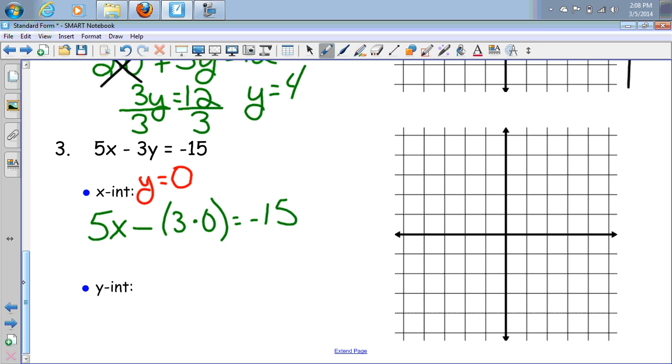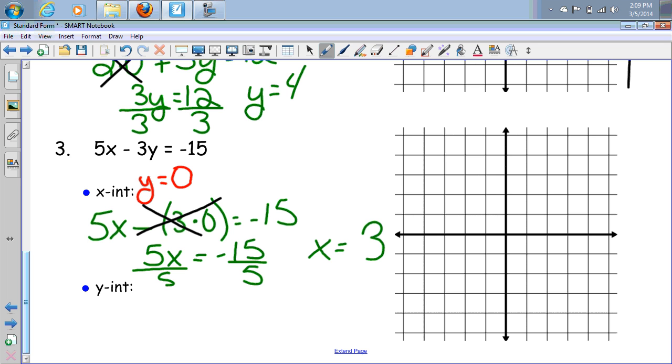Well, 3 times 0 is 0, so we're not subtracting anything from 5x. It'd just be 5x equals negative 15. We divide both sides by 5. X equals 3. Is it positive or negative? Good, negative 3. So over here, where x is negative 3 on our x-axis, I put a point.